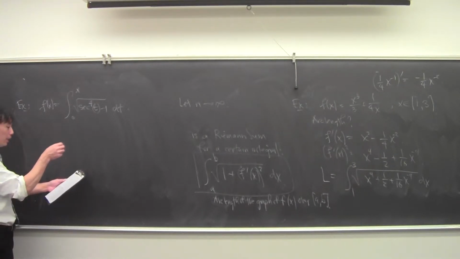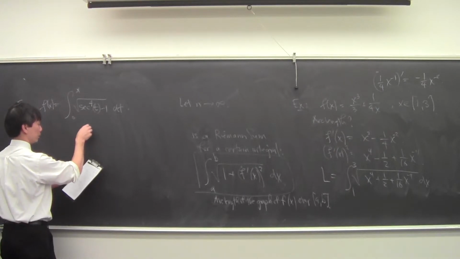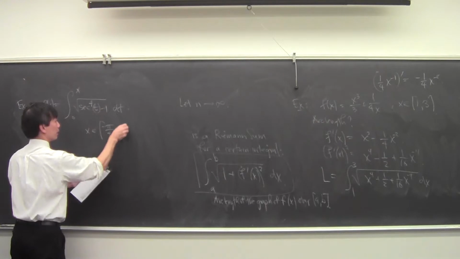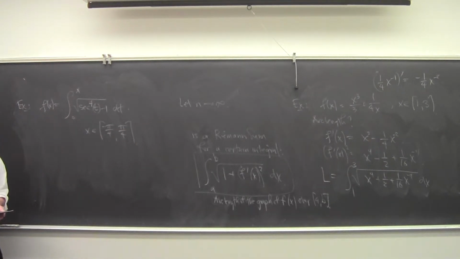So again, this one between negative pi over 4 and pi over 4. Okay. So take a minute and just write down what the formula would be.